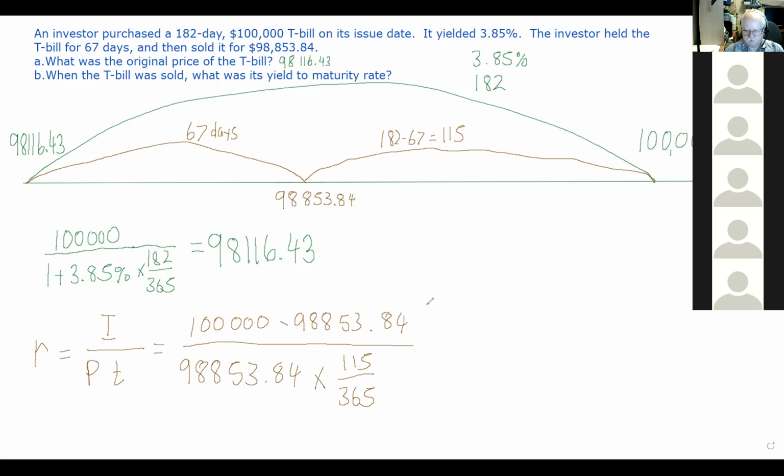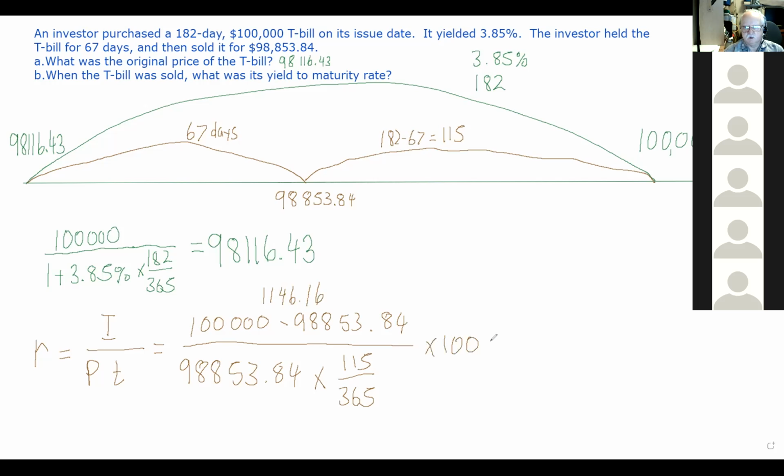So again, the first thing I'm going to do is figure out this top number, 100,000 minus 98,853.84. So this is 1146.16. And then we're going to go times 100.